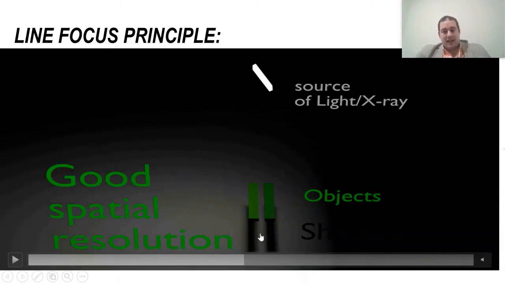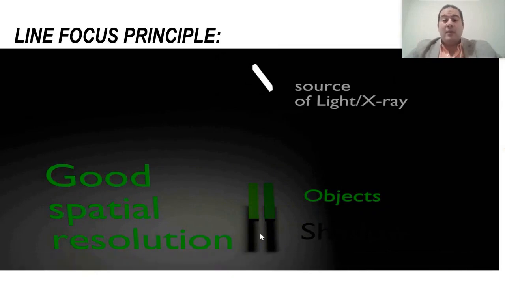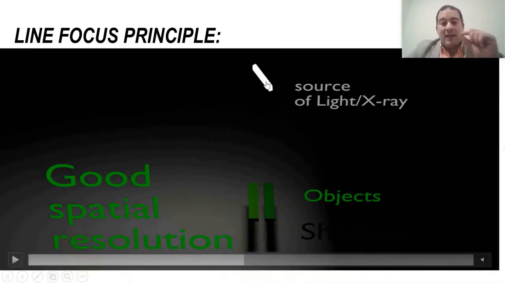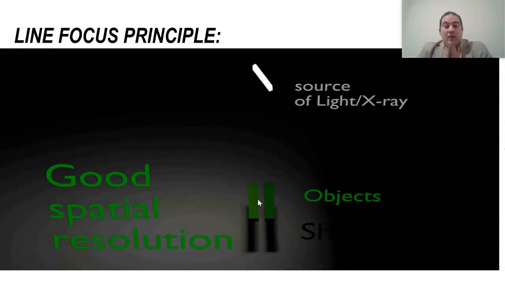Because with the same actual focal spot, you reduced the effective focal spot. The effective focal spot is the projected one, which is the projection that comes from the actual focal spot. So when you reduce the effective focal spot, you increase the resolution.